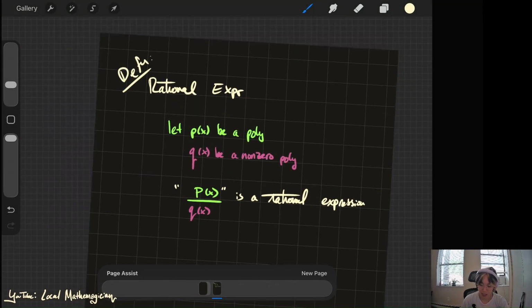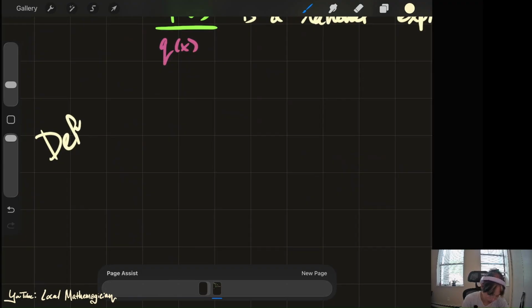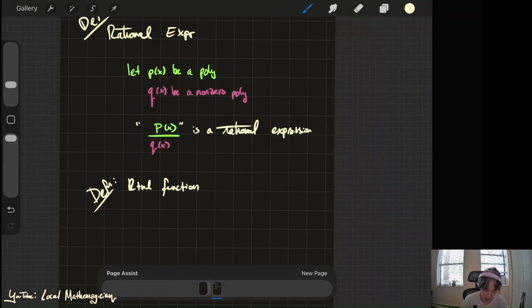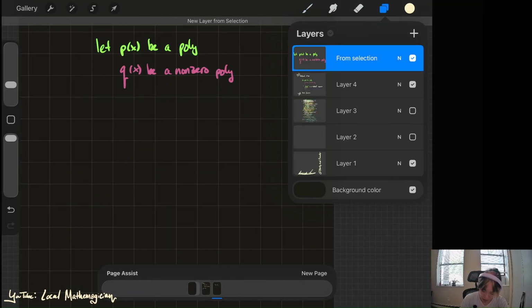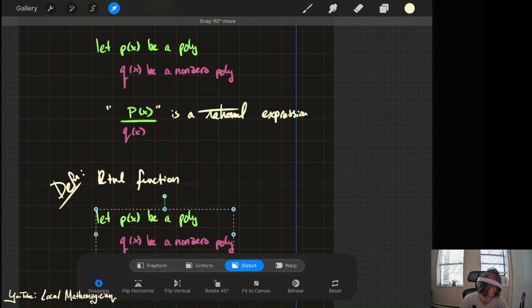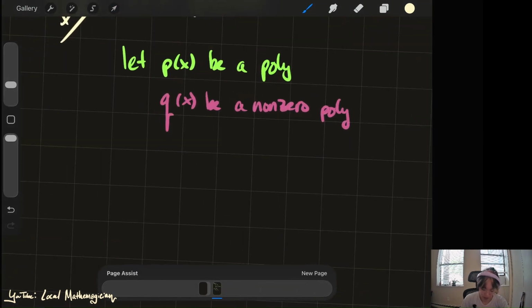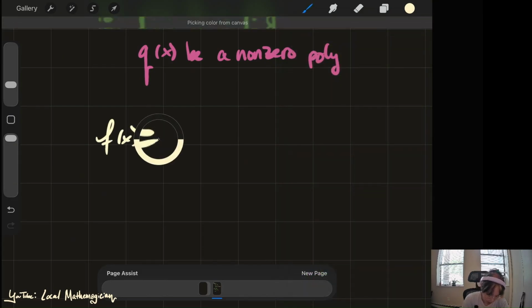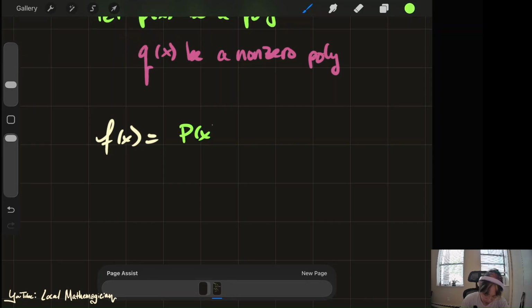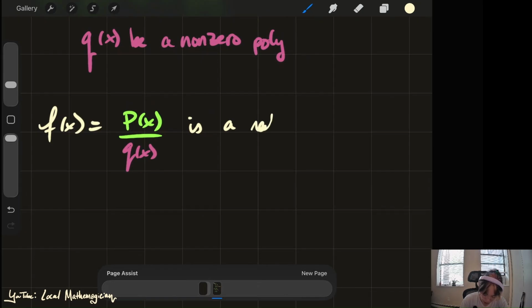Now let's define a rational function. With the exact same setup, p of x is a polynomial, q of x is a non-zero polynomial, then f of x equals p of x over q of x is a rational function.